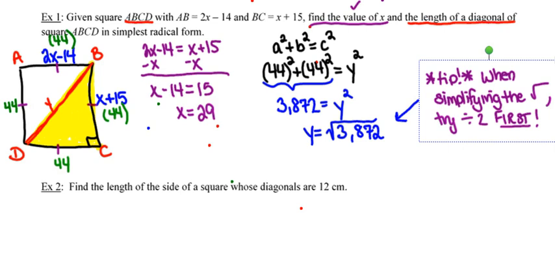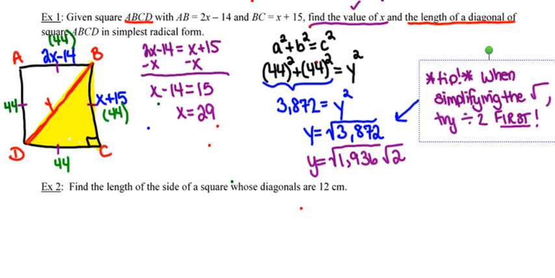Because when I divide that 3,872 by 2, the result I get is 1,936. So I'm going to rewrite this radical as the square root of 1,936 times the square root of 2. So again, all I've done is I've taken that 3,872 number and rewritten it as 1,936 times 2.